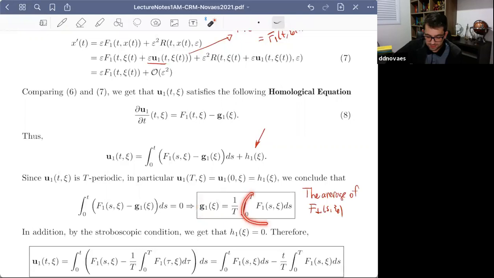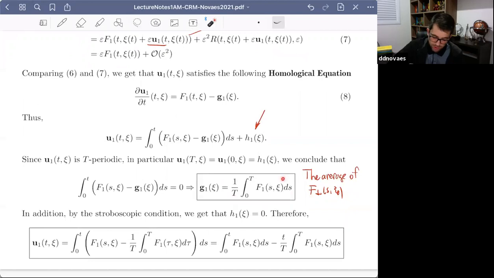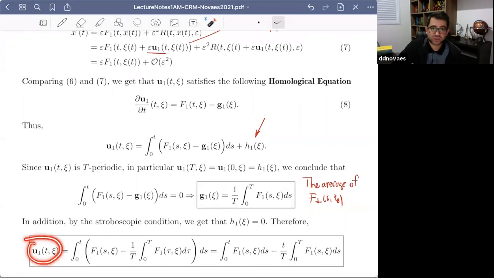I mean, what I'm doing here is integrating a t-periodic function in its domain, the first interval of periodicity, and dividing by the period. So this is the average of function f1. Okay, so going back to this relationship, we can compute now the expression for the transformation. u1 is equal to this integral.